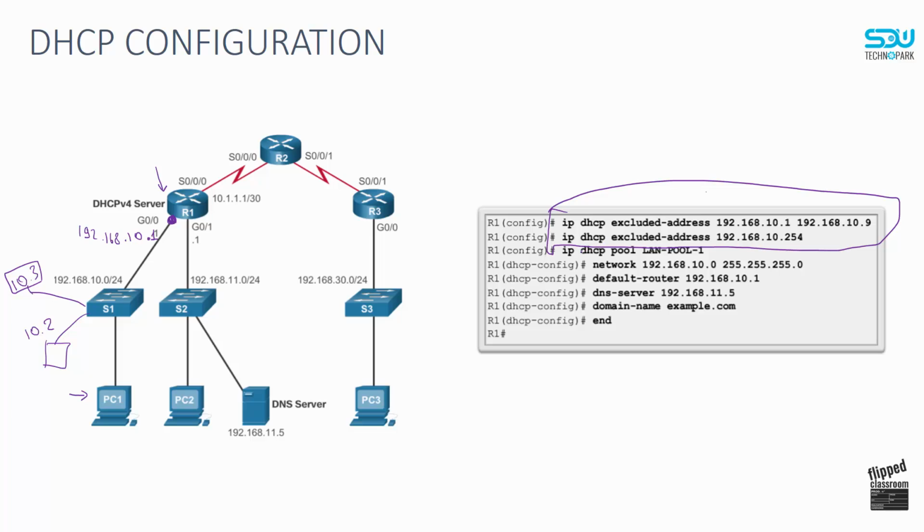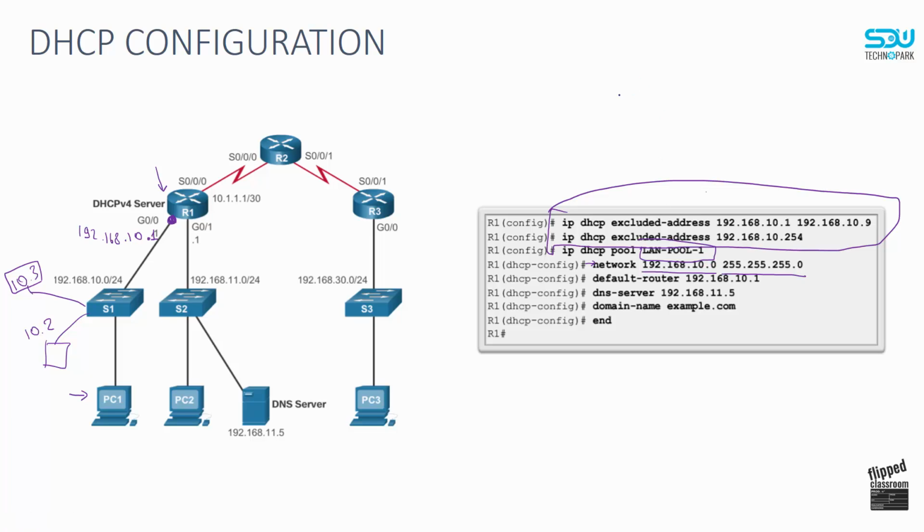Next, we are creating the pool with the ip dhcp pool command, with the name LAN pool 1, for example. Inside the pool we define which network will be distributed, with the network address and its subnet mask.